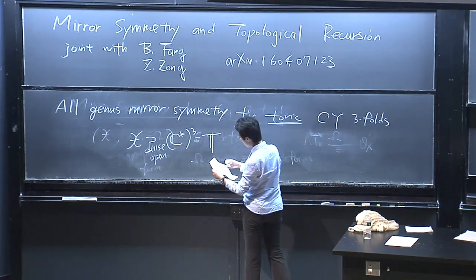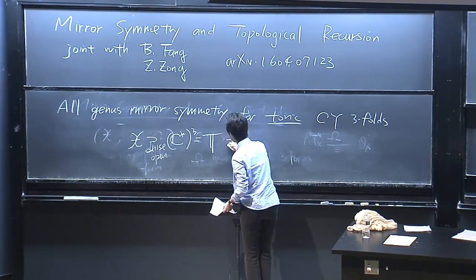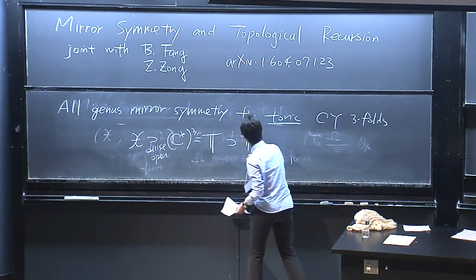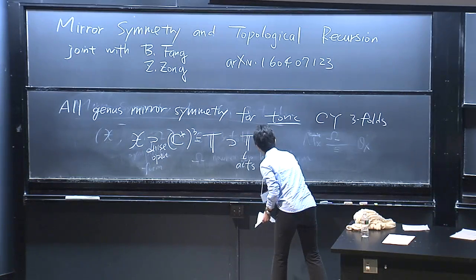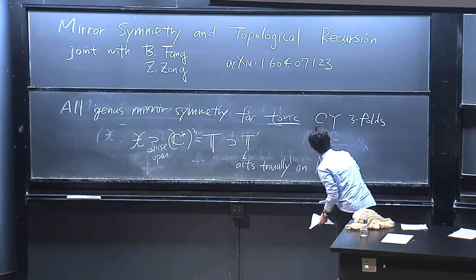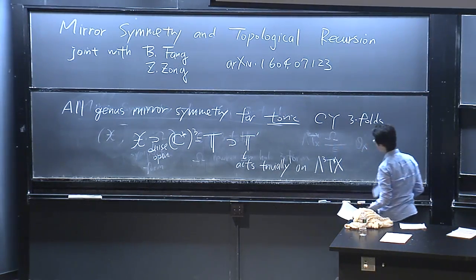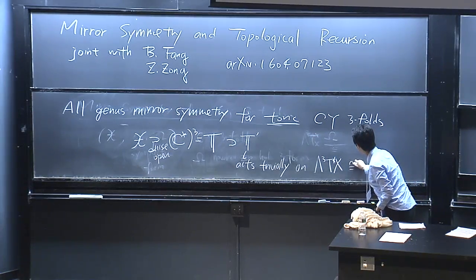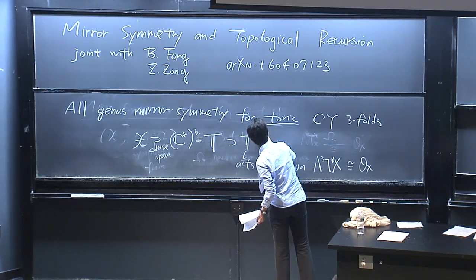For later convenience, the Calabi-Yau condition tells us there's a subtorus acting trivially on this trivial line bundle.